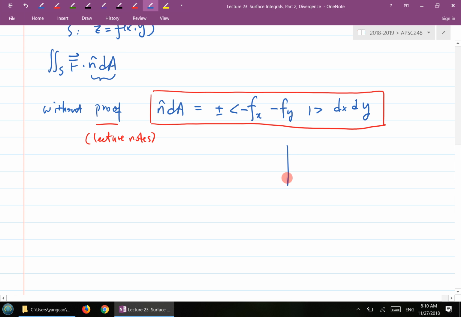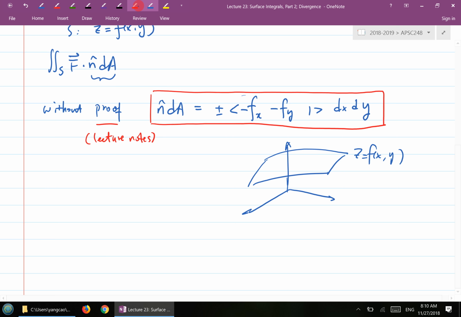Now back to the surface here. If this is a surface z equal to f of x, y, we're trying to integrate over the surface. Now you look at the formula right here with n hat dA. Bottom line, you're going to substitute this formula back into the surface integral.